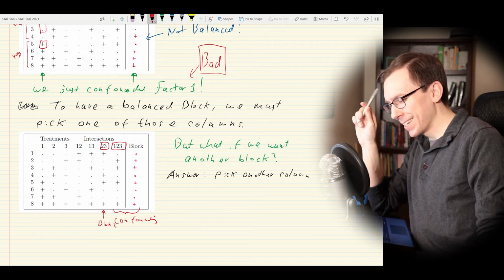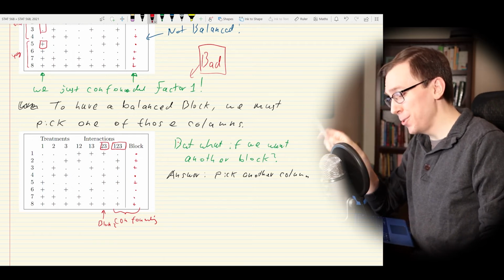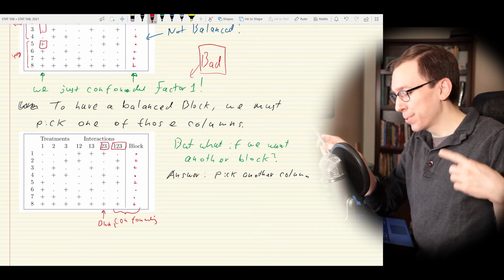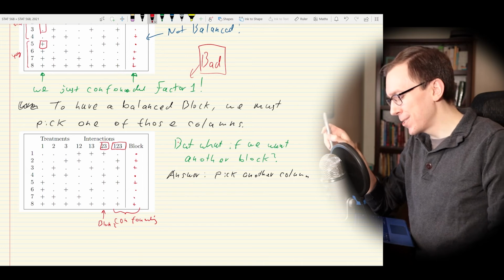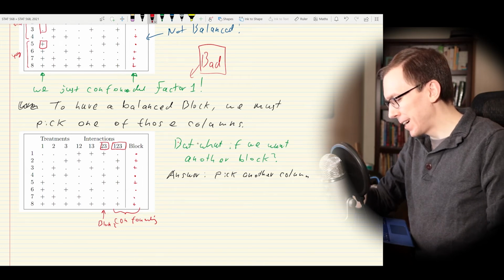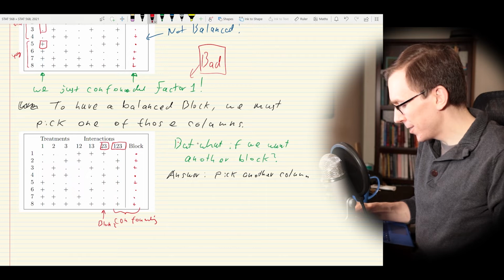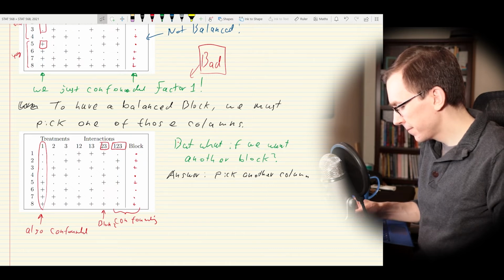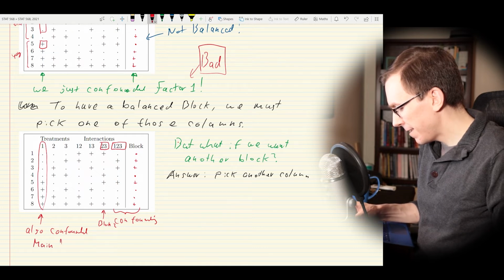But wait a minute, there's another issue here. If I confound 2 columns, I'm actually also confounding the product or the XOR of those 2 columns. So what happens when I combine 2 3 and 1 2 3? What I end up with is I actually have also confounded this column, main effect 1.